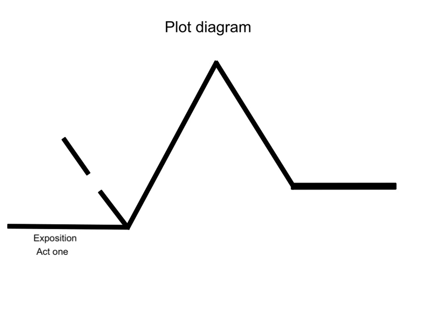This dotted line going up we call the inciting incident. And the inciting incident is associated with the end of Act 1. This line going up is what we call the complication.